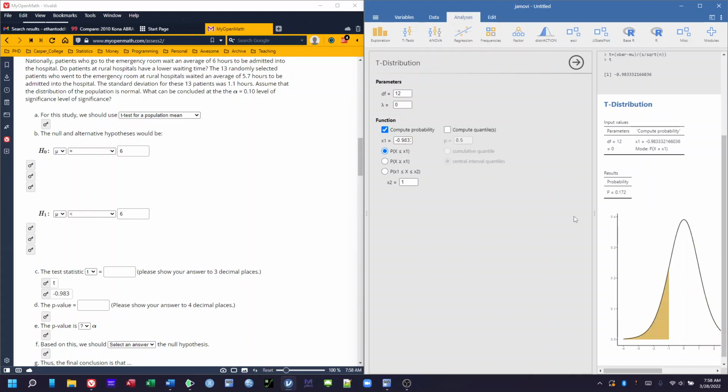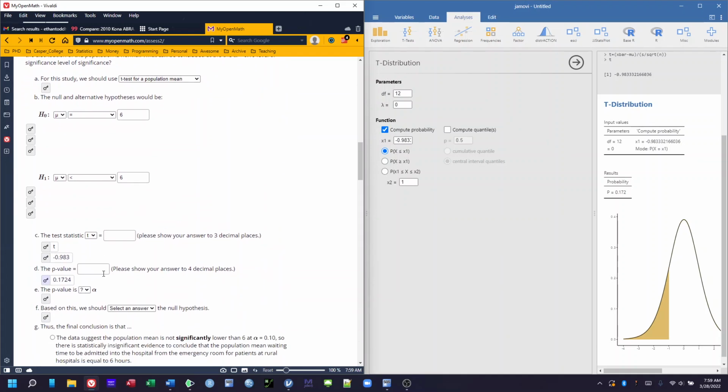And we can see the probability of being negative 0.983 standard deviations lower than our hypothesized mean is 0.172. And if we look at our p-value, 0.172. And that's how we get that p-value. So that's how you get it kicked out.